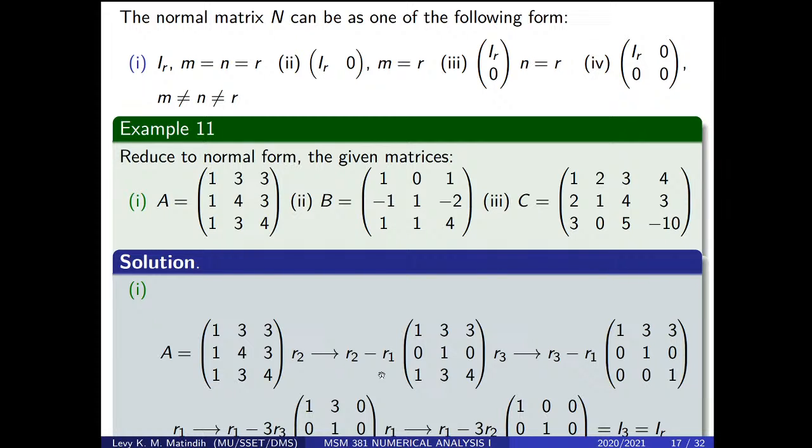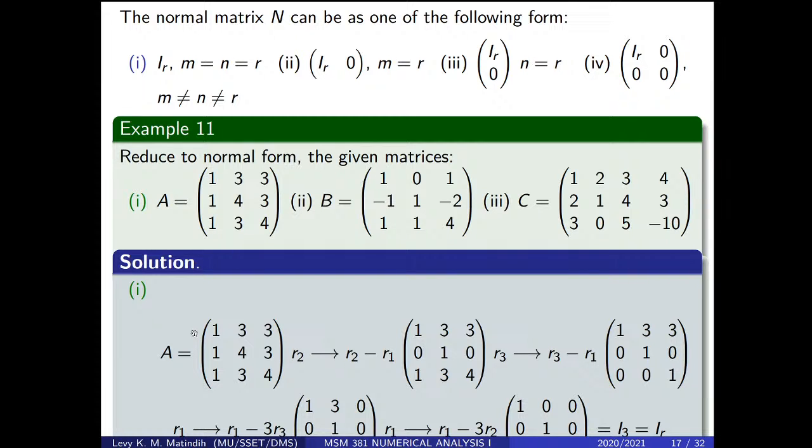So it's up to you. It's not like the way I've done it in this example on A, it's the same way you're going to do it when this question comes in a test or in an assignment. One can start with a different row, the other one can start with columns, but at the end of the day, you're going to arrive at the same normal form of the given matrix A.